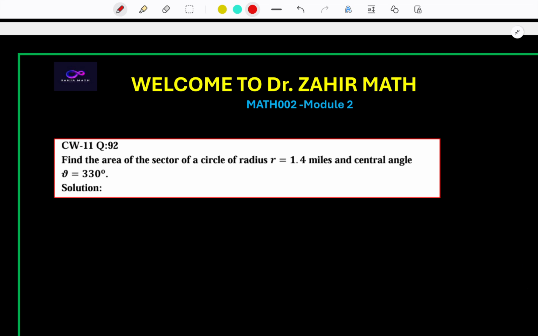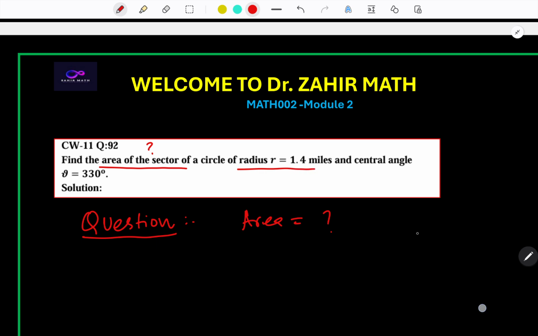Find the area of the circle. So what is the question? The question is they are asking to find the area of the circle. So area needs to be found. What is given? The given is radius R is equal to 1.4, and the central angle is given as 330 degrees.